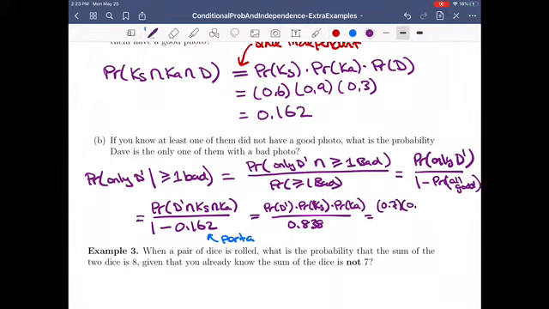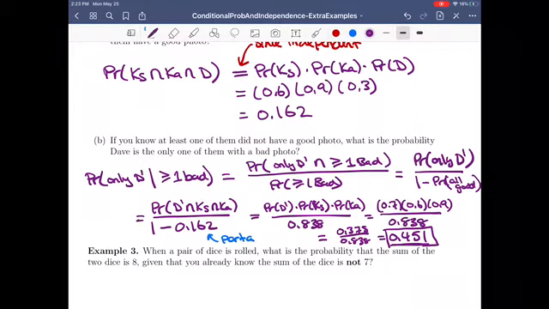Ksenia having a good photo is 0.6, and Katya having a good photo is 0.9. So if you compute that, you end up with 0.378 over 0.838, which is approximately 0.451. So there's a 45% chance that Dave is the only one with a bad photo, if at least one of them has a bad photo.